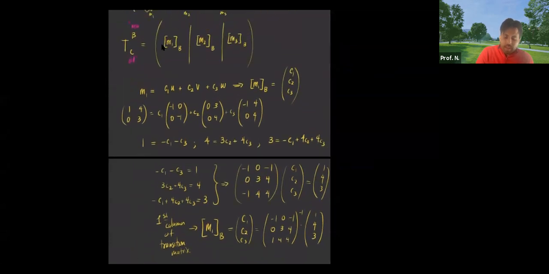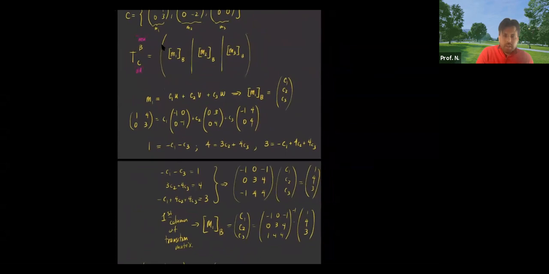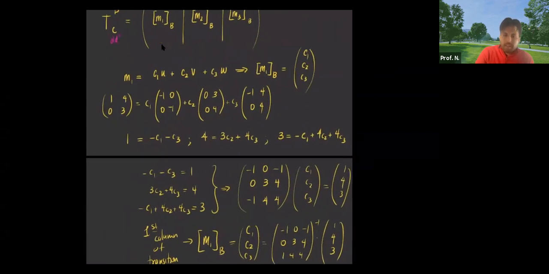Now, the reason why it's tricky and it's not so clear is because despite the fact that it's a vector space with 3 degrees of freedom, the thing is, how would you write this as a vector?